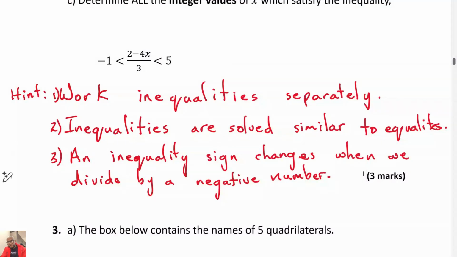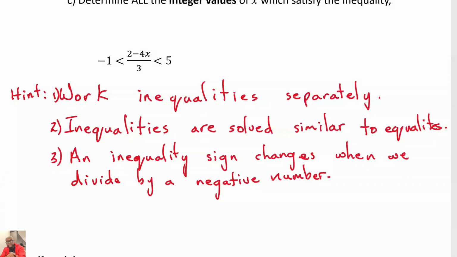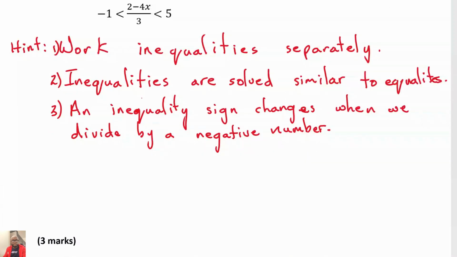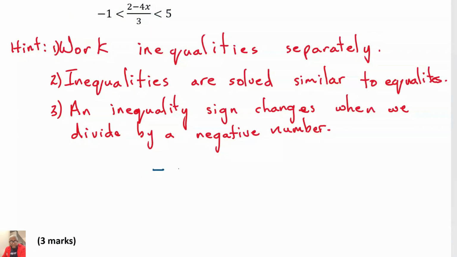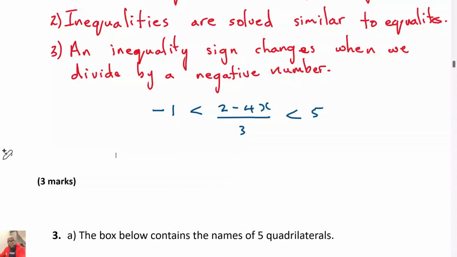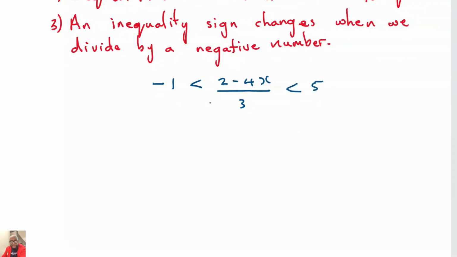So I'm breaking up the inequality into two inequalities. So you're all here, right? We have -1 is less than 2 minus 4x over 3, which is less than 5, right? You could split this up into two inequalities. When I say solve separately, this is what I mean.